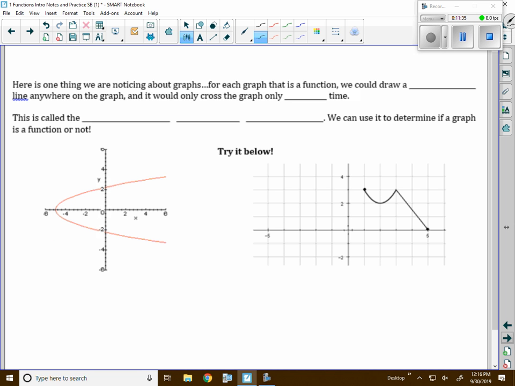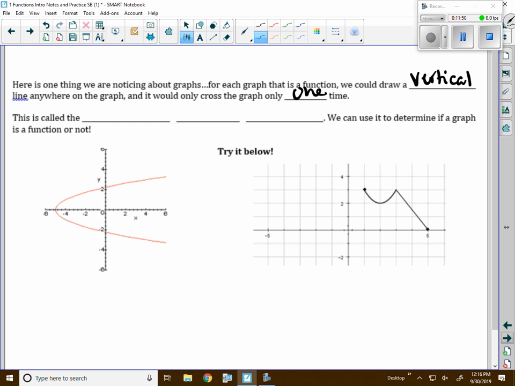Okay, we have one more, sorry. Here is one thing we are noticing about graphs. We could not draw a vertical line anywhere on the graph and have it cross more than one time. That has to happen for graphs.